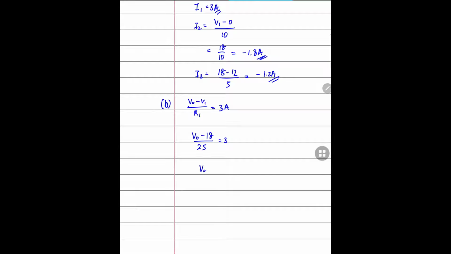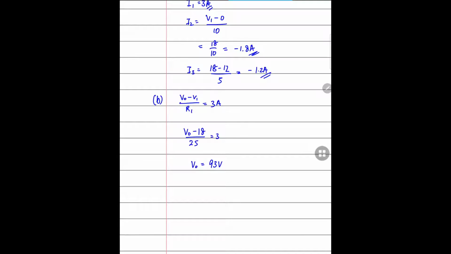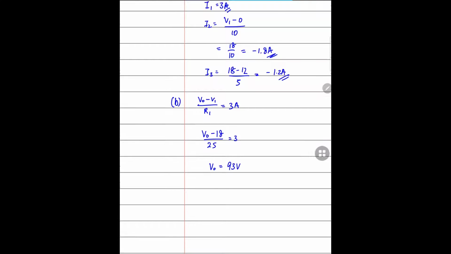You get that? Because the current across the resistor R1 is 3 amps. The node voltage V0 minus V1, over the resistance R1, should be 3 amps. By doing that, we get the node voltage V0 to be 93 volts.